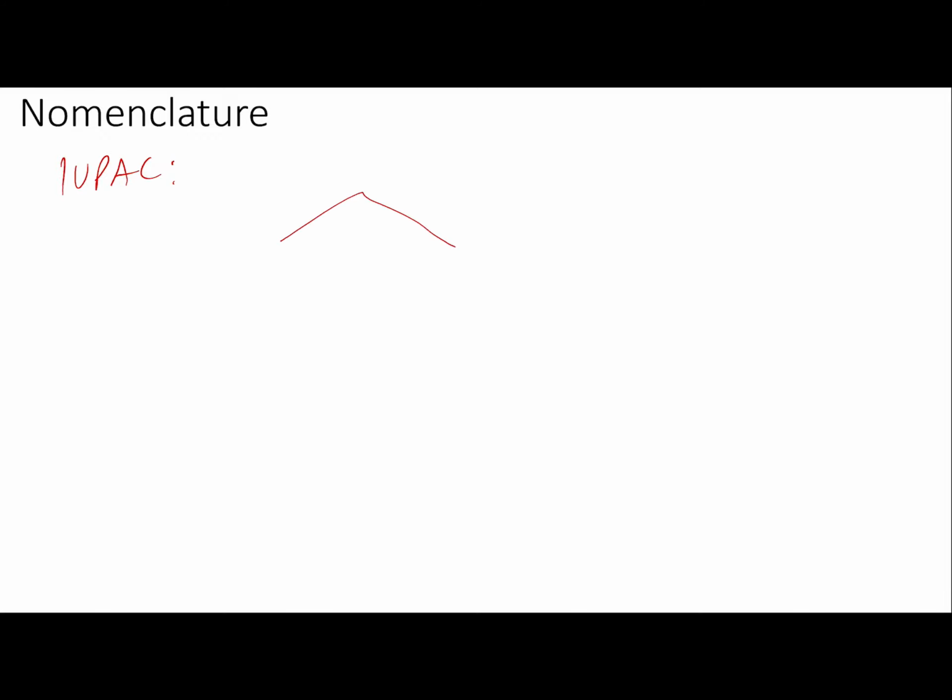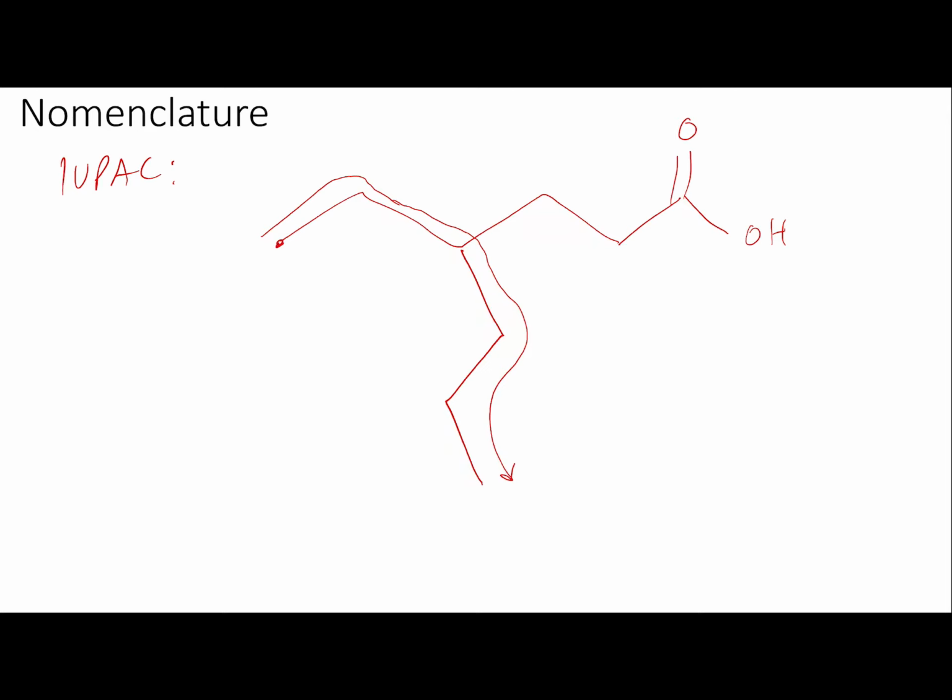So let's say we have something like this. Now, we could conceivably start numbering this way, let's see. 1, 2, 3, 4, 5, 6.